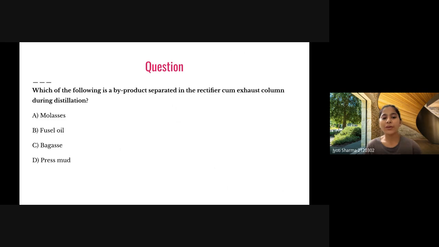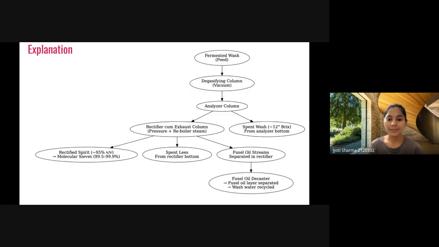Okay, which of the following is the byproduct separated in the rectifier cum exhaust column during distillation? I already discussed this recently. Molasses, fusel oil, bagasse, or press mud. So Dia gave me answer B. Yes, I already have discussed here, right?